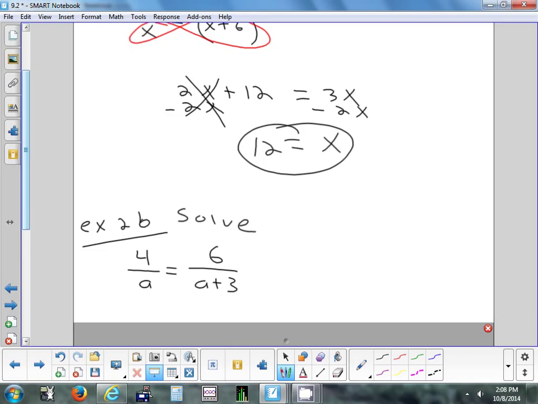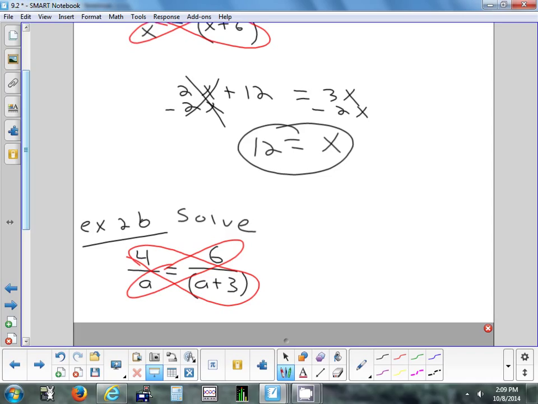Okay, let's try this one. It says 4 divided by a equals 6 divided by a plus 3. Do I have a denominator here with more than one term in it? Yes. What's the first thing I should do to that denominator? Distribute. Put your parentheses so you remember to distribute. So we're going to multiply 4 times a plus 3. Then we're going to multiply a times 6.